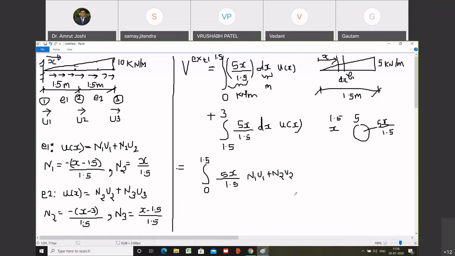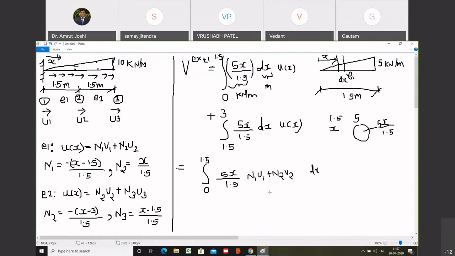I am going to give the bracket, but I am not going to write it in this fashion, that's why I have not given the bracket. So it is n1 u1 plus n2 u2 into dx. Do you agree with me? Yes. Can I convert this into matrix form?